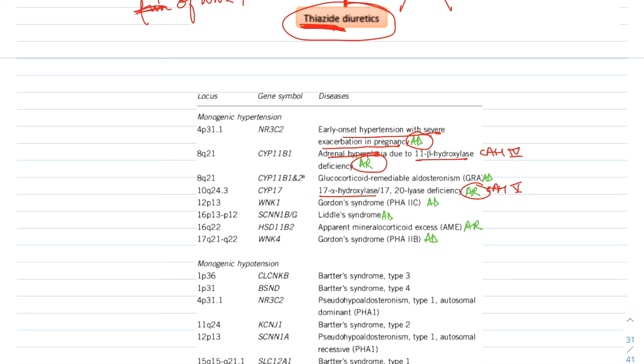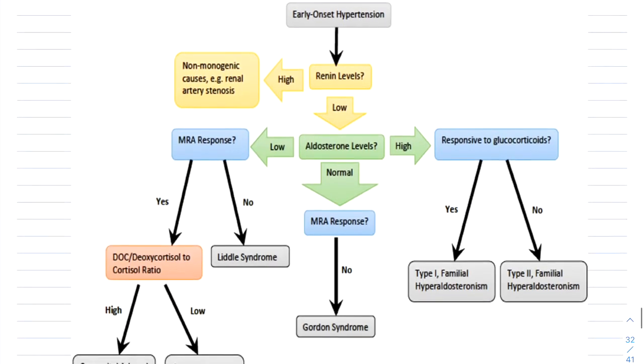Okay, I'll just use different colors for autosomal recessive. Also, the syndrome of apparent mineralocorticoid excess is inherited in an autosomal recessive fashion. The rest all have an autosomal dominant inheritance.